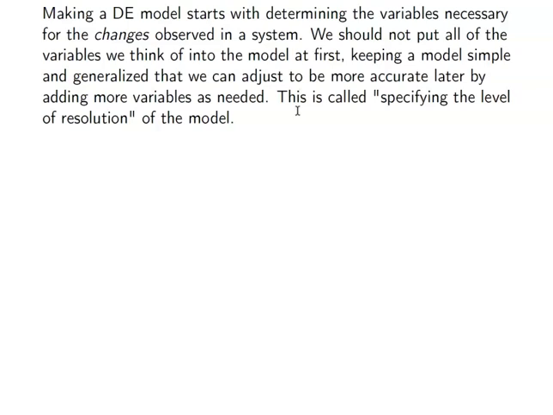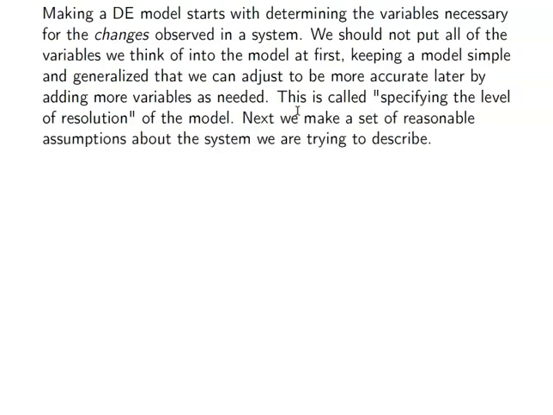This is called specifying the level of resolution. It's very easy to go overboard and try to create a model that represents everything about a system. It would be very difficult to do, but it would be even more difficult to solve. So we want to keep things very general. Next, we try to make a set of reasonable assumptions about our system, like the initial value will be this, the end value will be that.